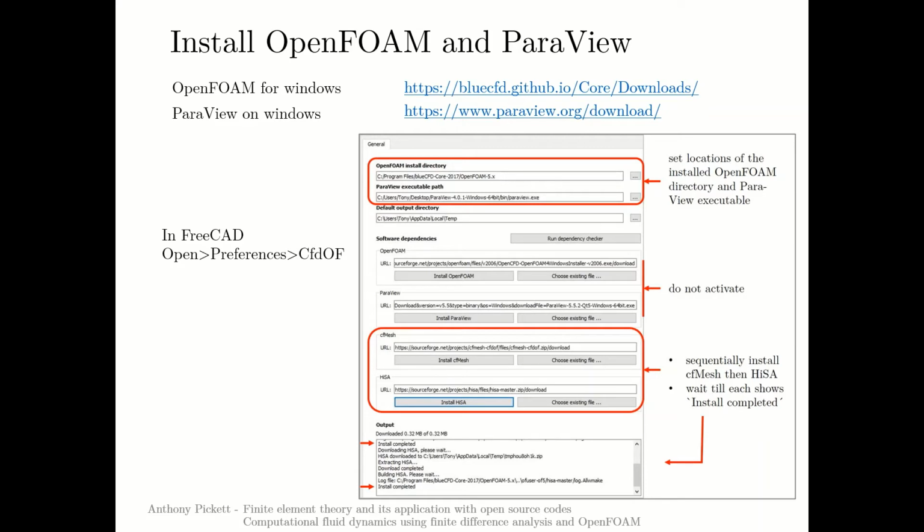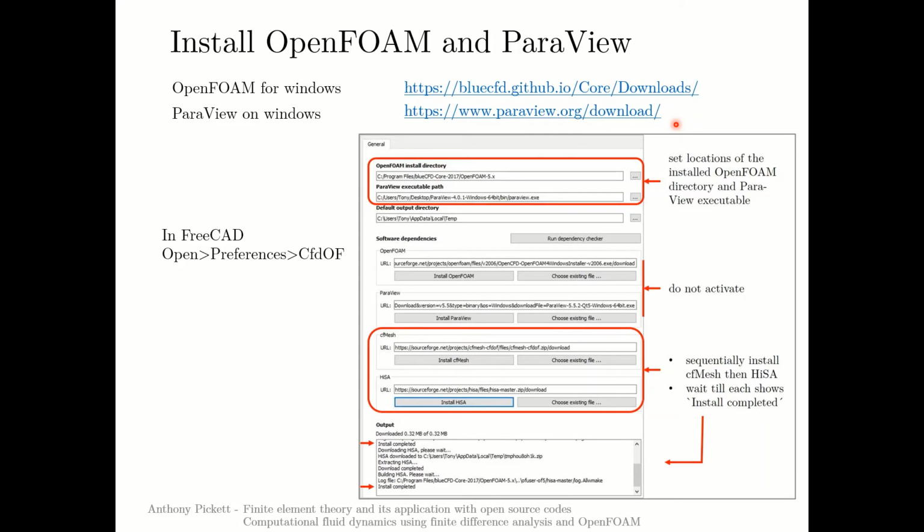The version to download is given in the link here. Take the last version that's available. You also then have to download the ParaView code for post-processing, and that's given with this link here. Again, take the last version. For each of these codes, install them on your PC, the Windows versions.